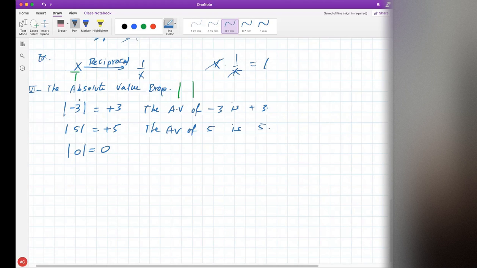It's against the definition. So the absolute value of something is either positive or 0. We can't have a negative number here outside of it. Its purpose is basically to get rid of the negative if it exists in a number.